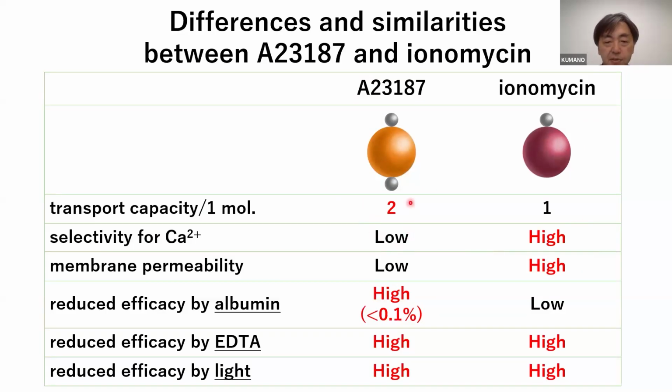Namely, frequently the A molecule binds not only calcium ion, but also other divalent metal ions like zinc, magnesium, and so on. And if albumin is supplemented in the basic solution, the efficiency as an activation reagent is decreased in A, but activation efficiency will not be changed in ionomycin.